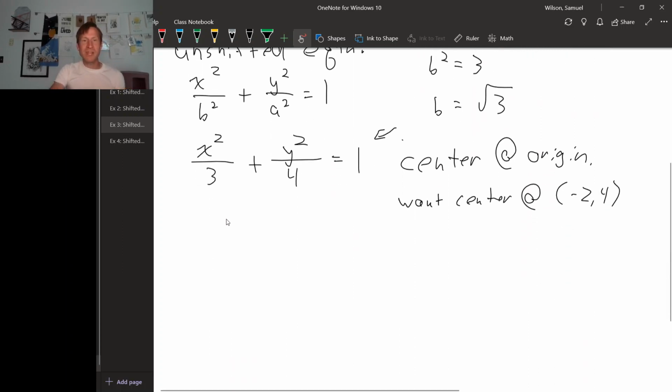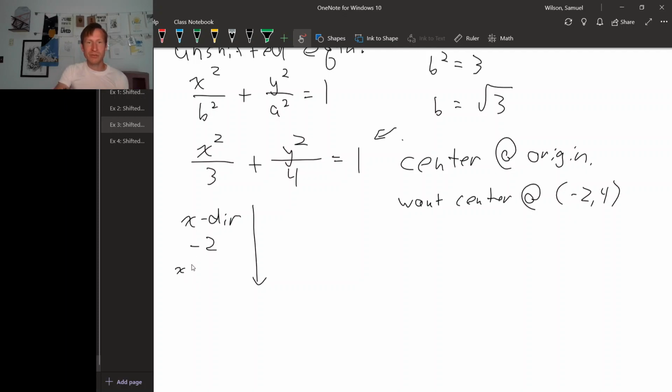So the shift that we need to do in the x direction, we need to move the center 2 units to the left. So that's an x shift of minus 2. So we're going to replace x with x minus negative 2, that's x plus 2.